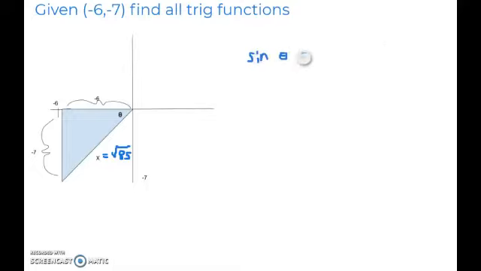So the first one is sine of theta, which equals the opposite over the hypotenuse. And for this, the opposite would be -7, and the hypotenuse would be the square root of 85. So first you would write it like -7 over the square root of 85.